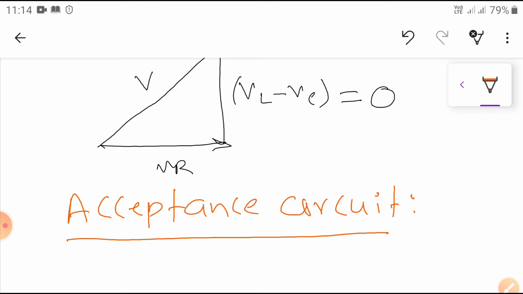What is the acceptance circuit? A series resonance circuit draws a maximum current, and maximum power as well, because of I squared R, from the mains due to the minimum impedance value. This circuit we can call an acceptance circuit.